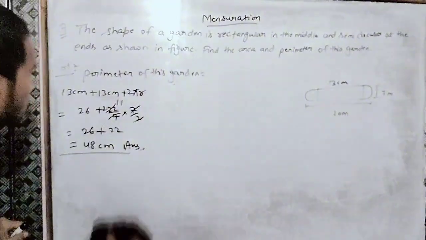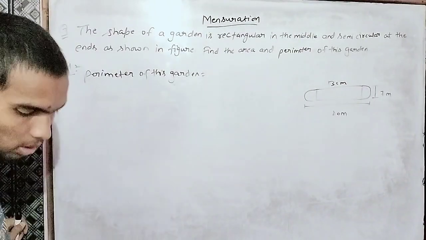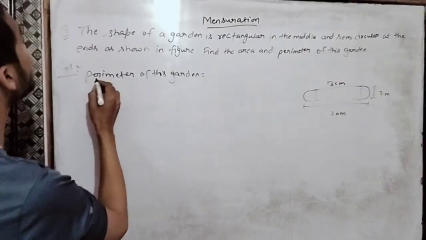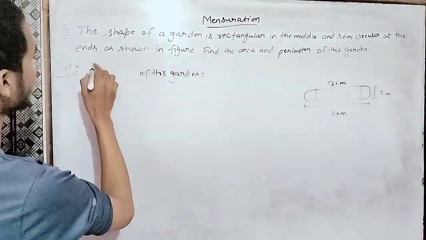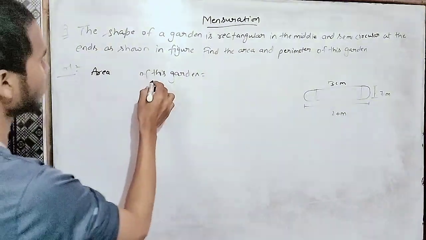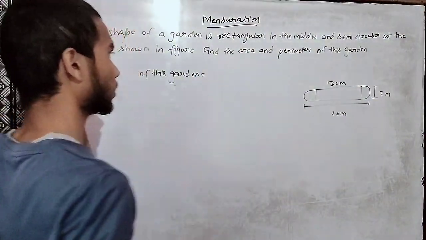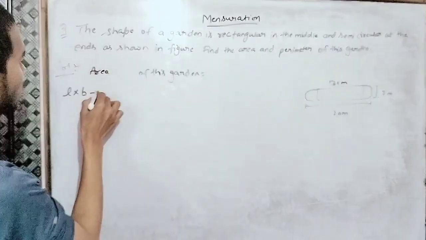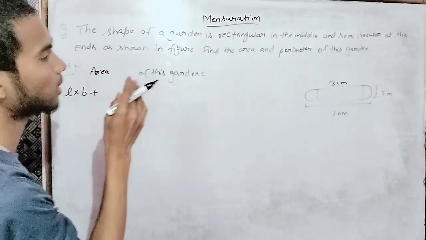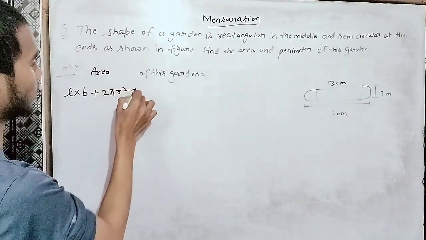Now let's talk about the area of this garden. Area of rectangle is A multiplied by B. Then we will add 2 semicircles, so 2 pi r square.